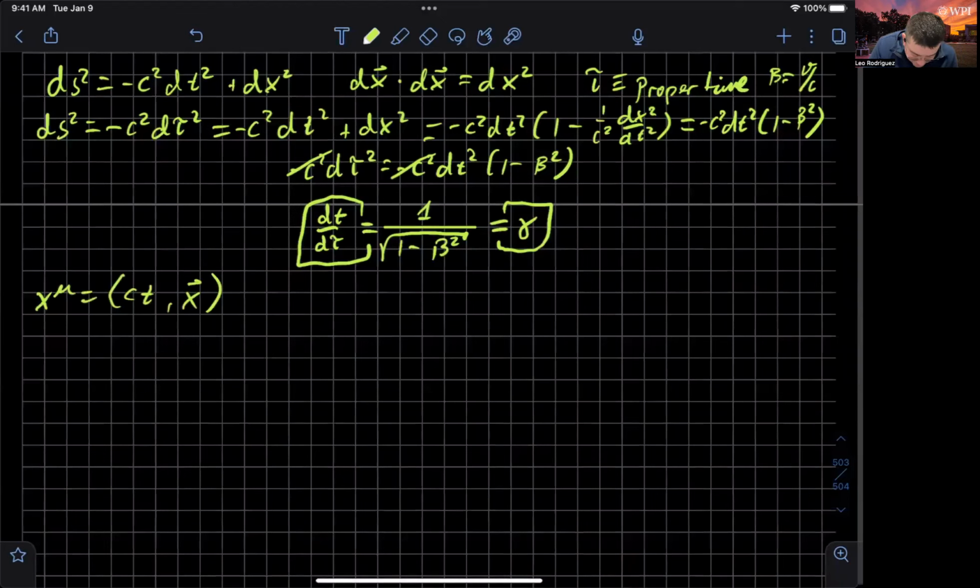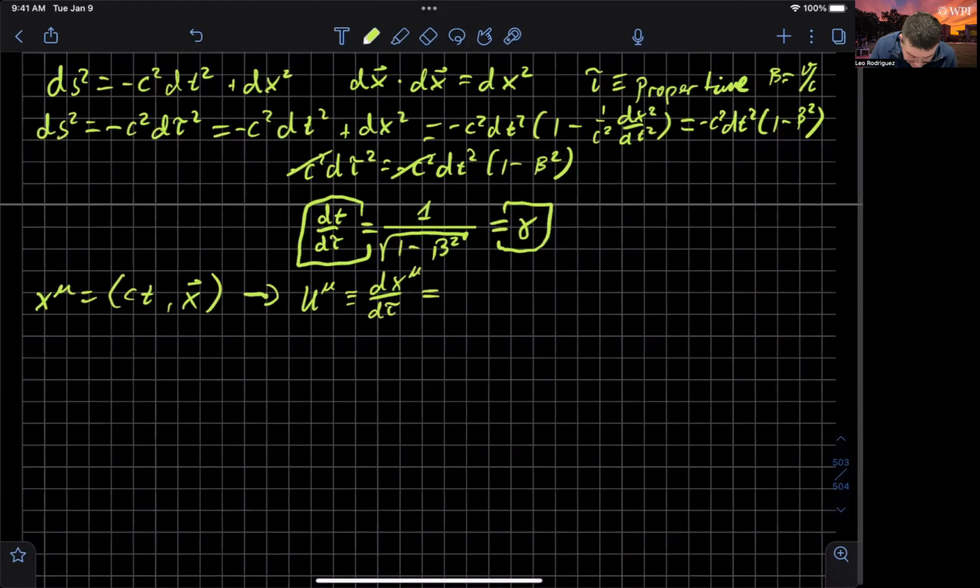What I want to do is look at what's called the four velocity, capital U with some index mu, which is in general defined as the proper time derivative of my coordinates.